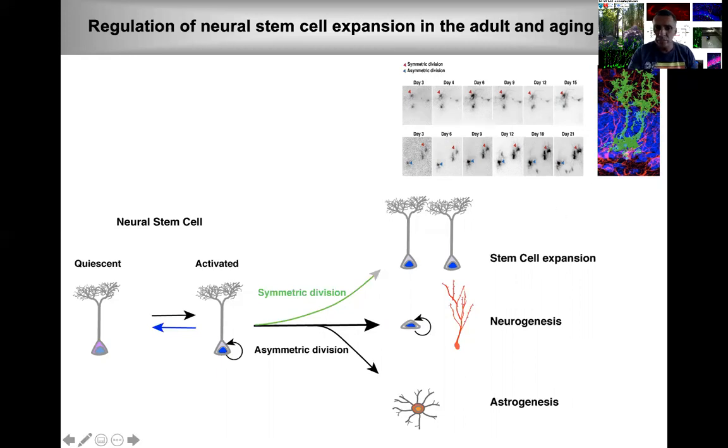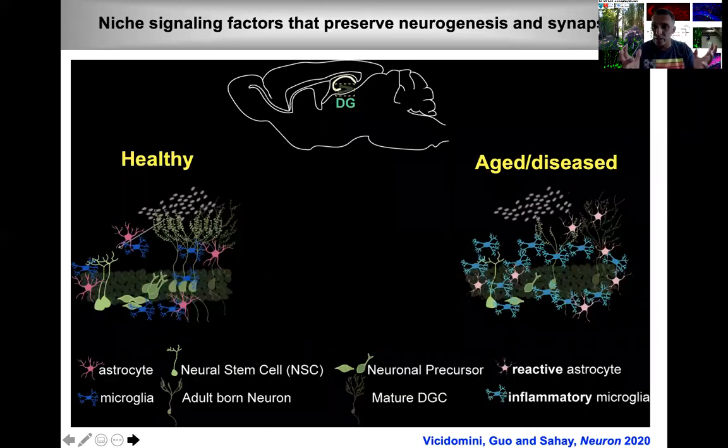But the neural stem cell is very influenced by the cell types that surround it or ensconce it, what's referred to as the niche. The niche of the neural stem cell is made up of microglia, astrocytes, endothelial cells, and the niche is known to change over time in aging, such that it becomes unhealthy with regards to its ability to support the stem cells, as well as synapses in the dentate gyrus.